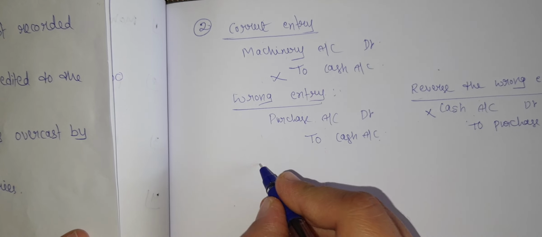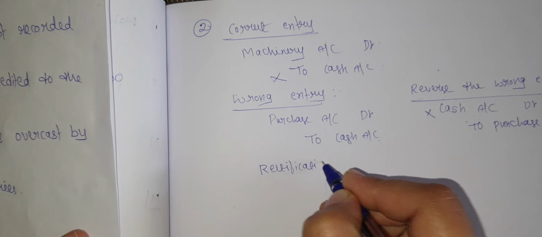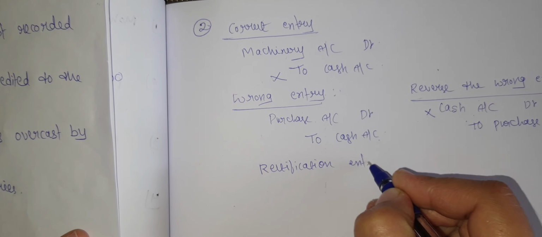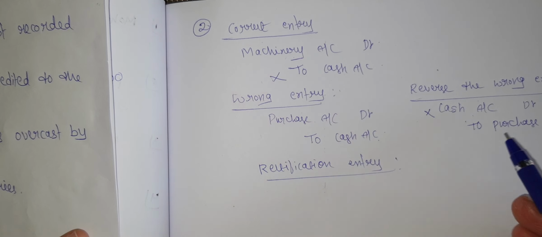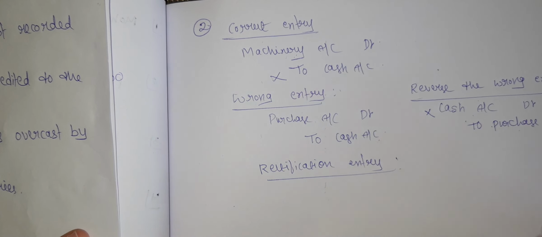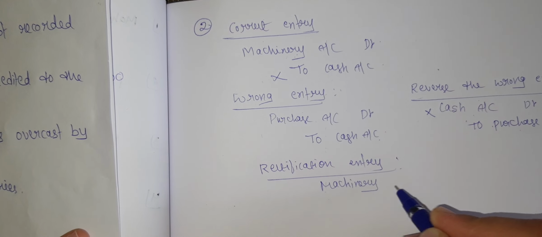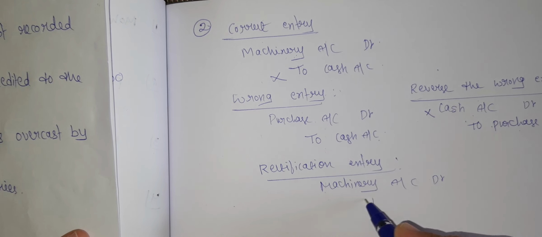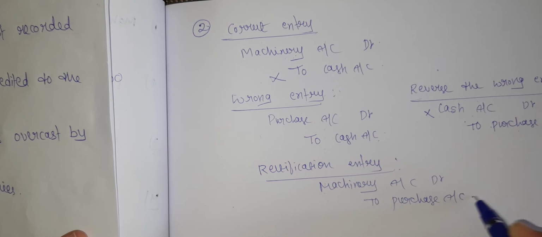Okay, now we have to write down the rectification entry. So our rectification entry is, see here, machinery account debtor to purchase account. Okay, this is the rectification entry.